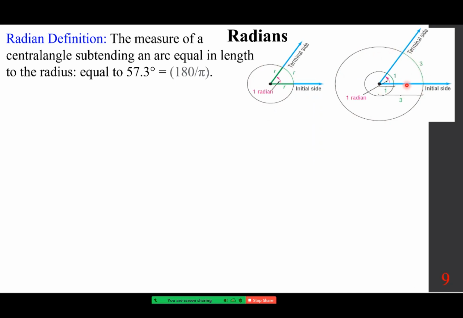If it's equal to the radius, the angle that it makes, which is known as the central angle, is defined as 1 radian. So a quick recap. 1 radian is defined as the measure of a central angle whose arc length is equal to the radius of the circle of interest.